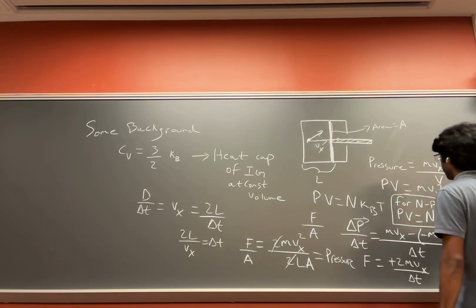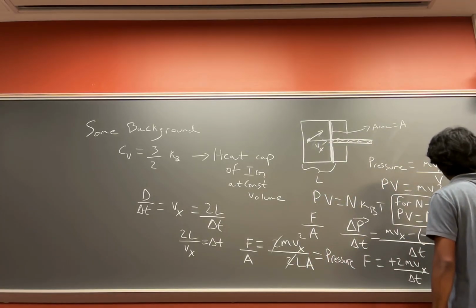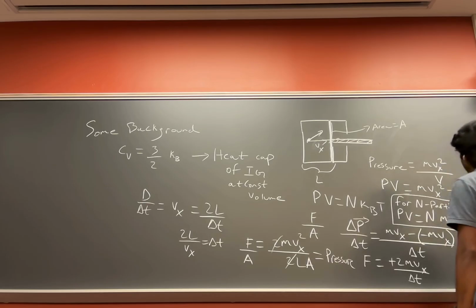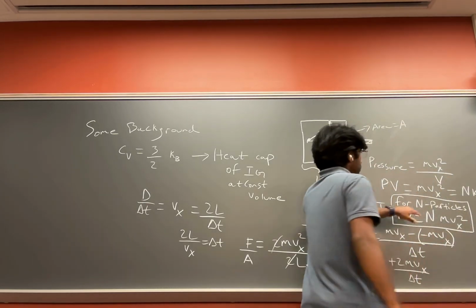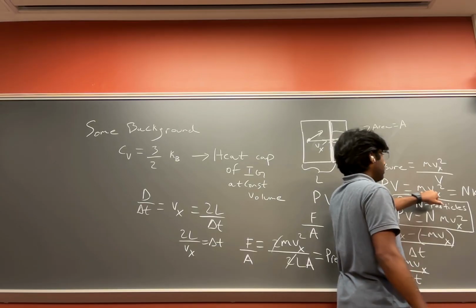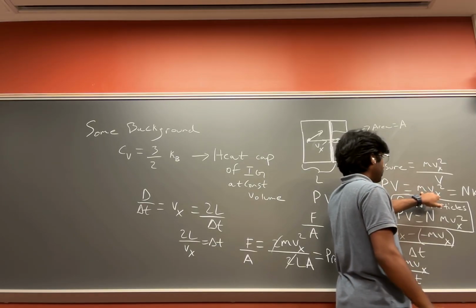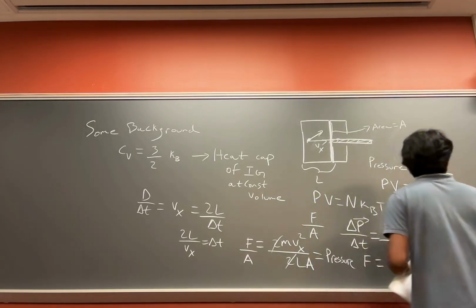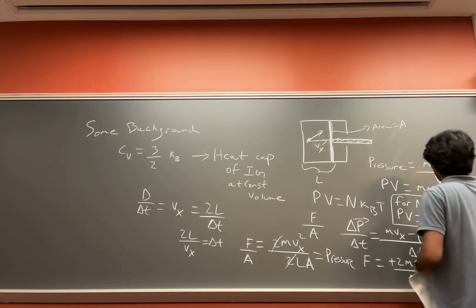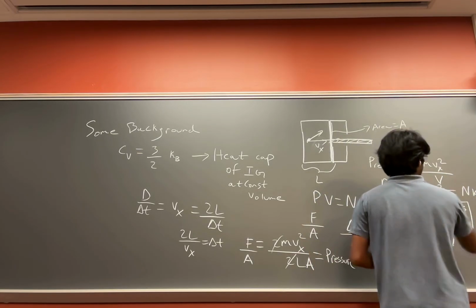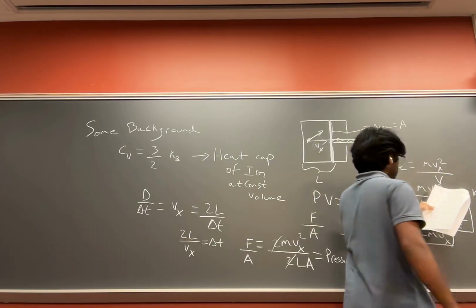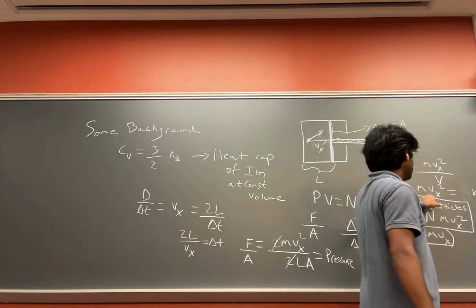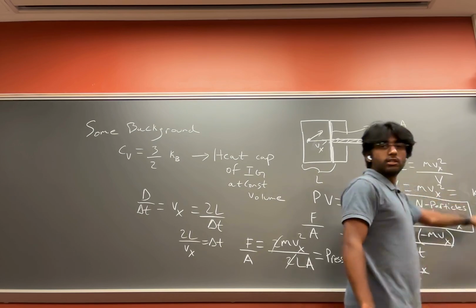So if I divide by n, this goes away. So for a single particle, mVx squared is just kBT.